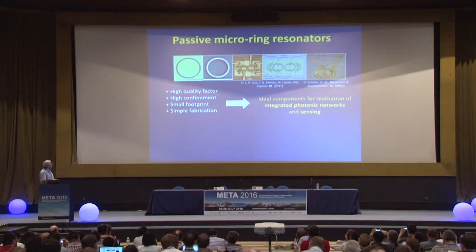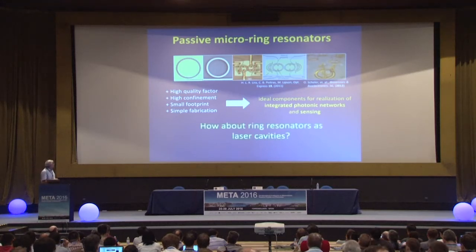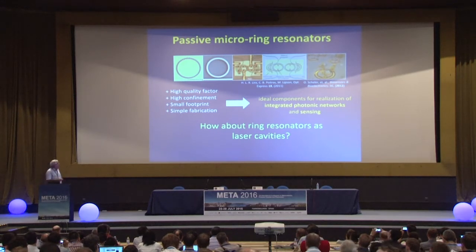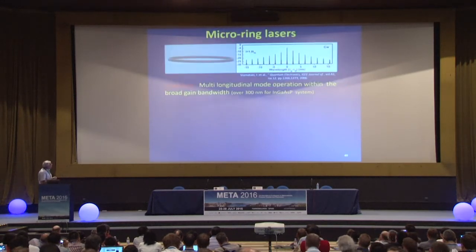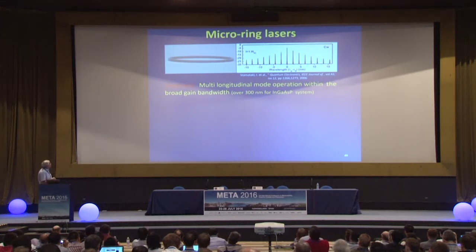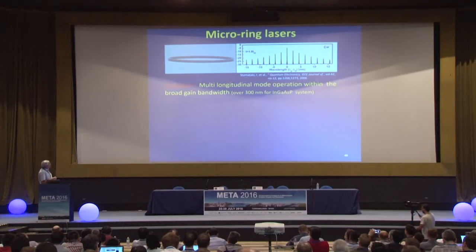They are ideal components for a number of applications, but it's always nice to see them for laser applications. Now, the problem with getting them lasing has to do with the broad bandwidth they support. Indium phosphide has a very broad gain.